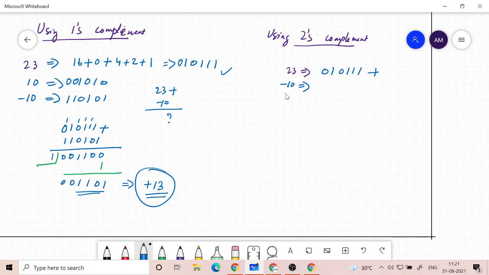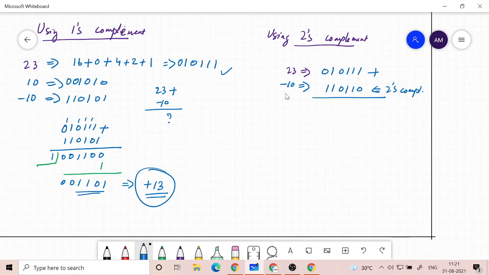Minus 10 in 1's complement is this, but for 2's complement you just add 1 to it. So you have 1 1 0 1 0 1, and if you add 1 you get 1 1 0 1 1 0. This is the 2's complement of minus 10.